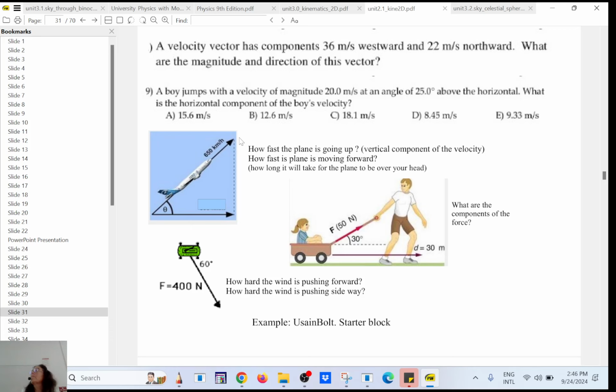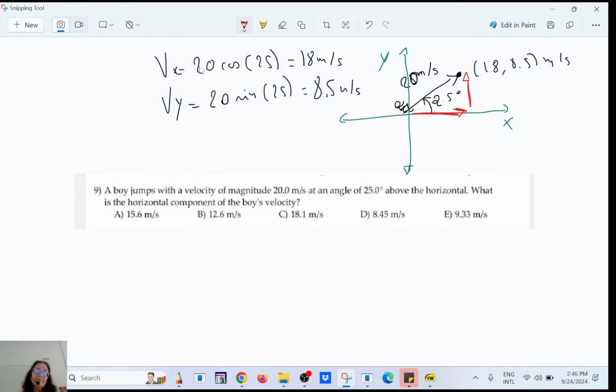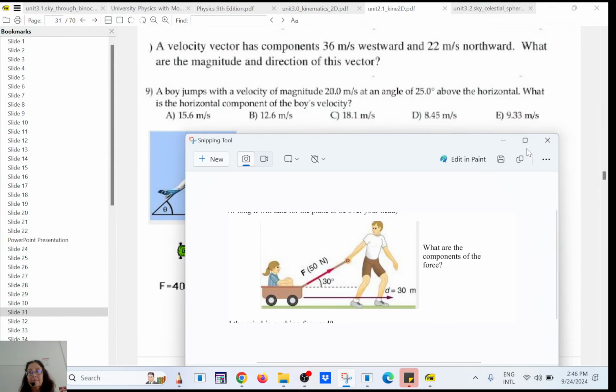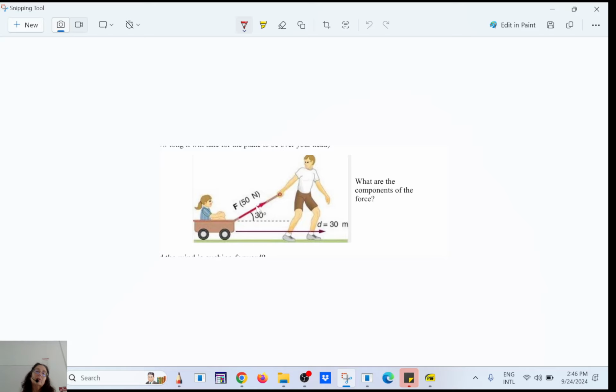Okay? So here I forgot to put numbers, so let's go to here. Newton is a unit for force. So you see dad is pulling here, and that will be the vector force. So it's a vector.